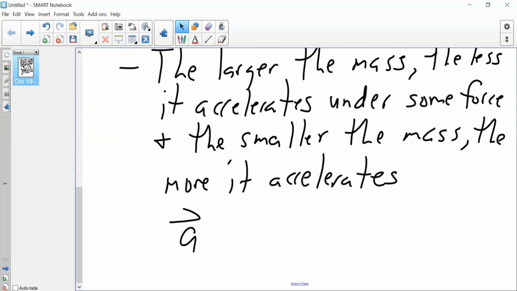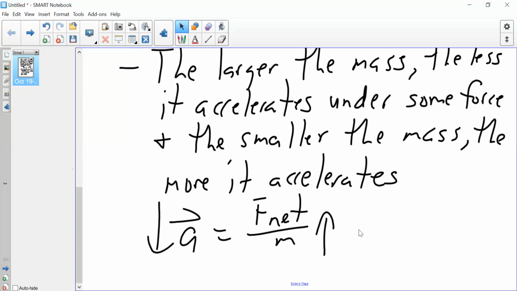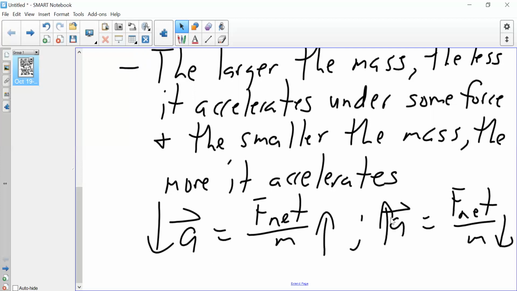Again, F net being constant, large mass, small acceleration. Small mass, large acceleration. A 2 Newton force will accelerate a tennis ball more than a 2-ton truck, although the truck will accelerate slightly.